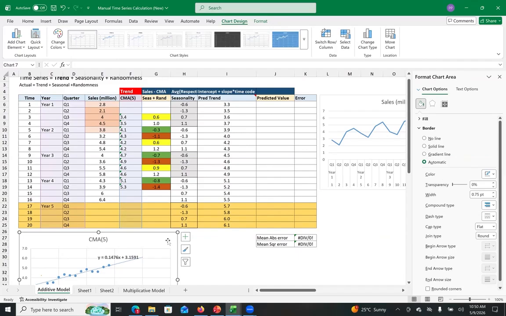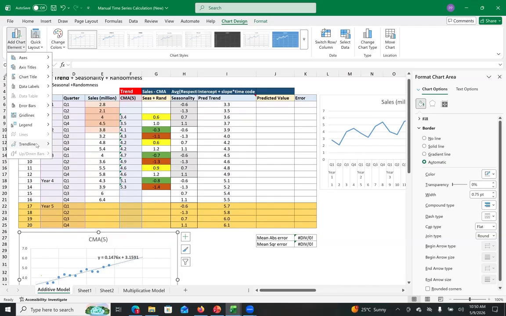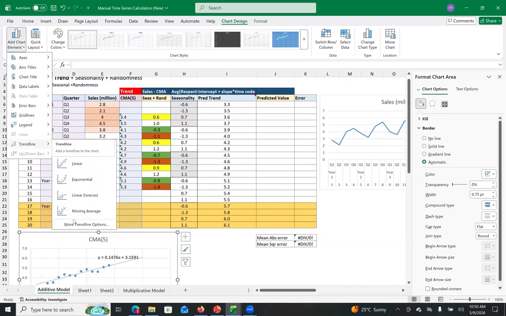Is it not visible even now? The chart design option is there. Chart tools, chart design. After that, add chart element, trend line, and even here, more trend line options. Okay. Thank you.